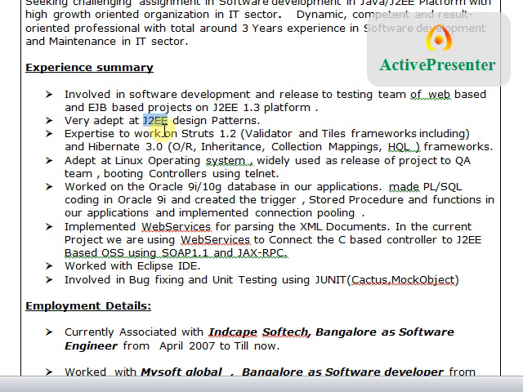So there is a lot of technical jargon in there, and also something related to responsibilities, involved in bug fixing, unit testing.